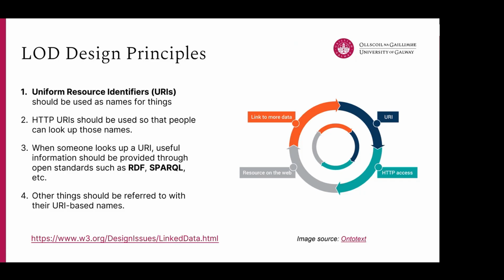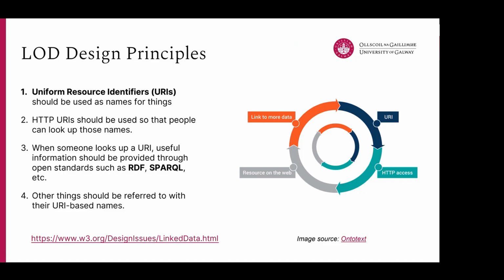Then the second design principle is that HTTP URIs should be used so that people can look up these names. So they have to be accessible through the web. When someone looks up a URI, some useful information should be provided through open standards such as RDF, SPARQL, and so on. We'll talk about what these acronyms stand for in a minute.